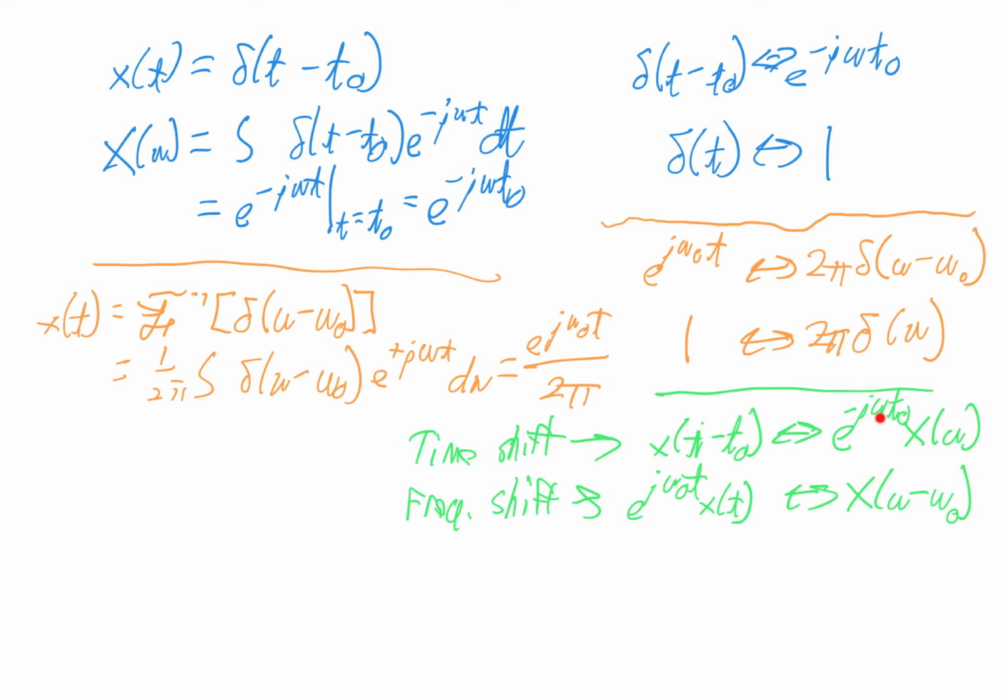So as omega increases, we have the phase getting more negative at a rate t naught times omega. And we have a similar relation if I shift the spectrum of a signal, the Fourier transform of a signal, by omega naught, then I don't change the magnitude of the signal, but I do change the phase of its complex value.